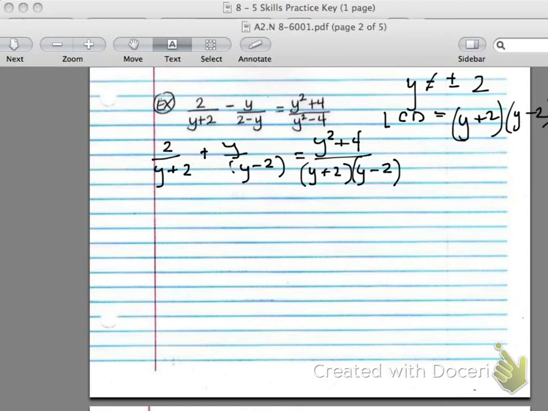Okay, so I'm going to multiply 2 times y plus 2. Actually, let's do it this way.